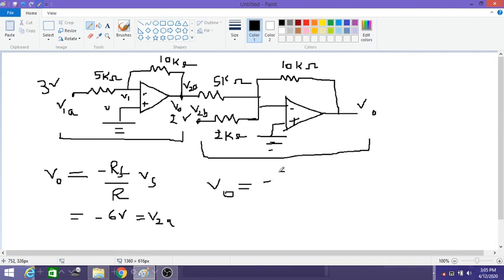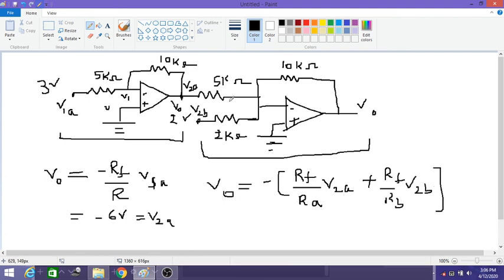So this is equal to minus of Rf by Ra into V1a, sorry, we used a different notation here, plus V2a, and this is Rf by Rb into V2b.